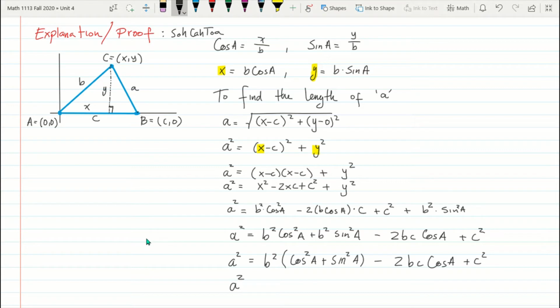So a squared is equal to b squared plus c squared minus 2bc cosine of A. So this is how we find, at the very least, the first definition.